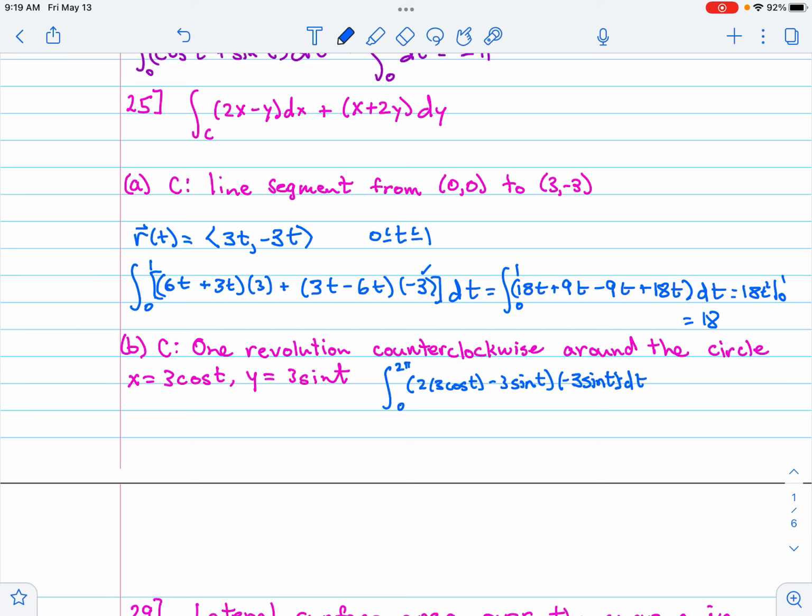And then plus, running out of room, so we've got 3 cosine t plus 6 sine t. See, just plugging in there 2 times y times dy dt. So that's going to be 3 cosine t dt. All of that is in this integral.